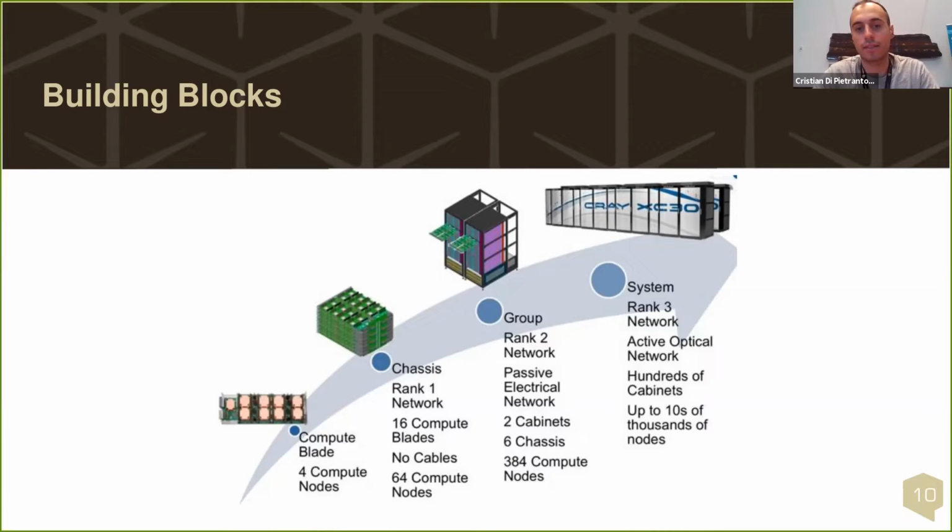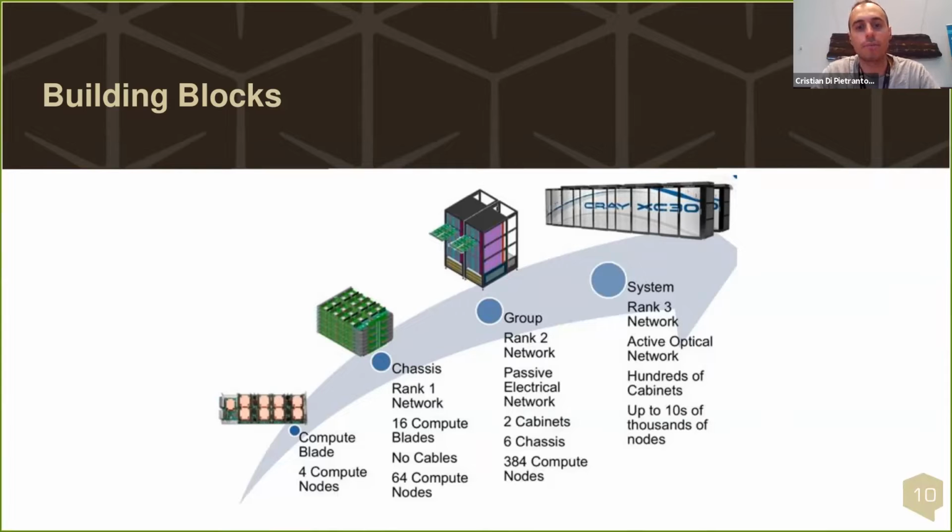These plates are then put together in what we call chassis. Each chassis has around 60, in this case 64, compute nodes, packed together again to minimize space utilization, but also to decrease energy dissipation. The whole design is focused on packing as much compute power as possible into the least amount of space.